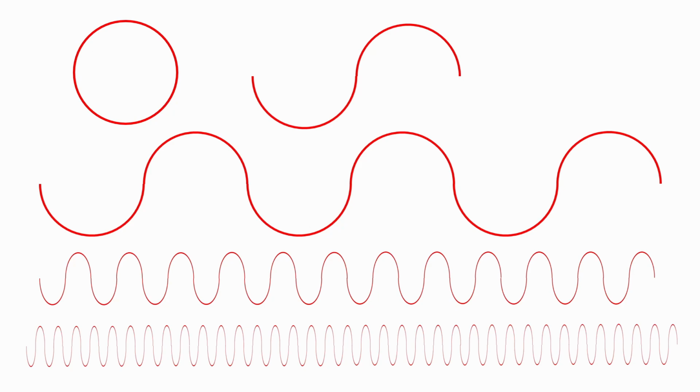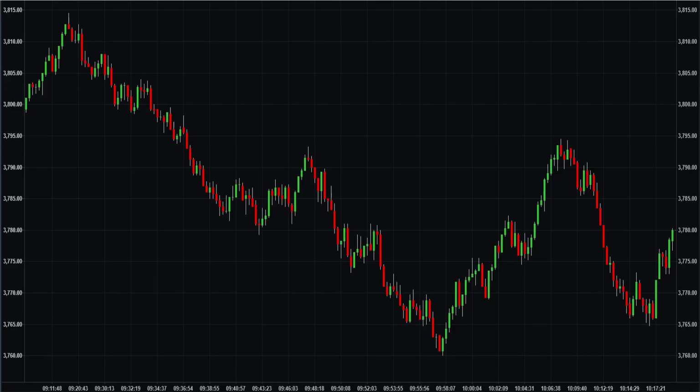All those things added together at any given moment in time give us this, which is more familiar to us as traders, because we cannot see all those little cycles, very uniform as we saw here. We see different things here, but there are cycles there.